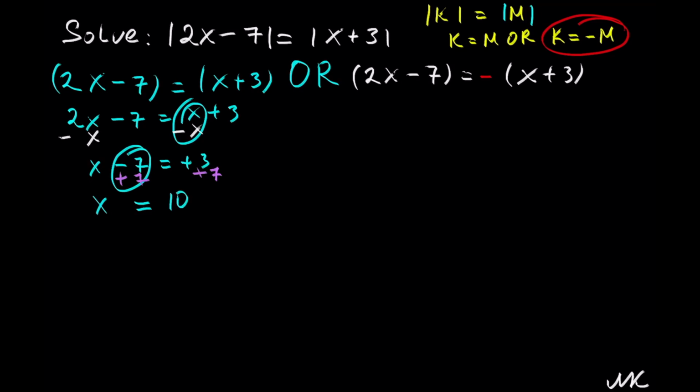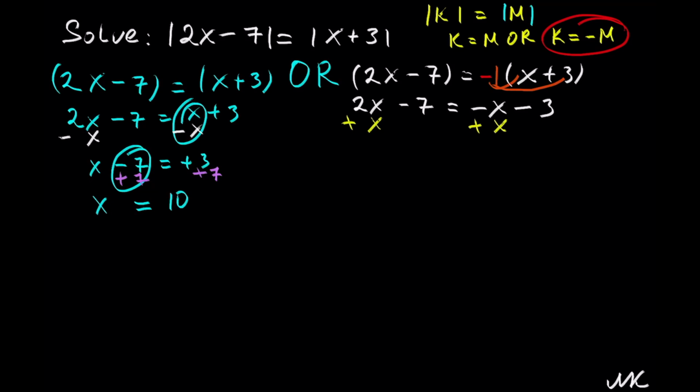Now let's solve the second equation. So we have 2x minus 7 is equal to, let's distribute this negative 1 into this parenthesis. And we get negative 1 times x, we get negative x. Negative 1 times positive 3 gives us negative 3. So let's get x variables to the same side. We have negative x on the right, so let's add x to both sides.